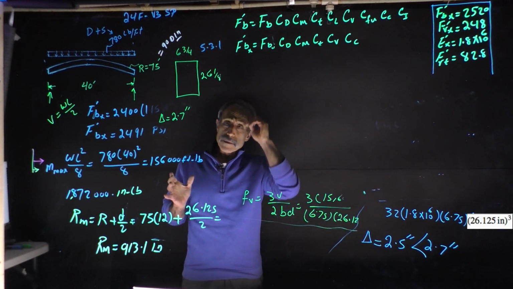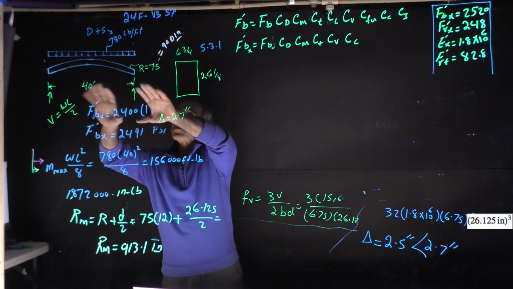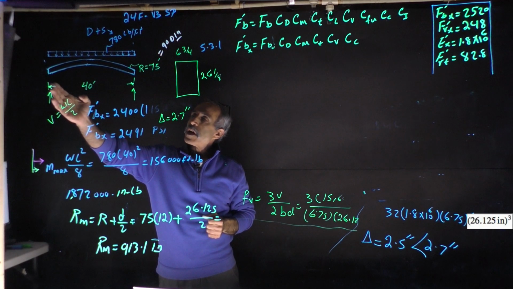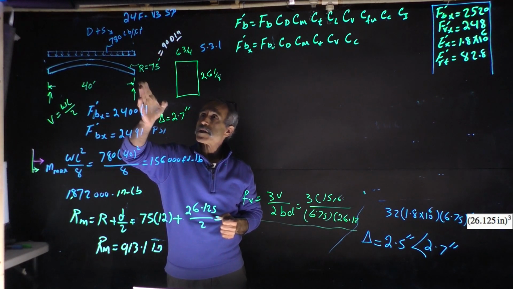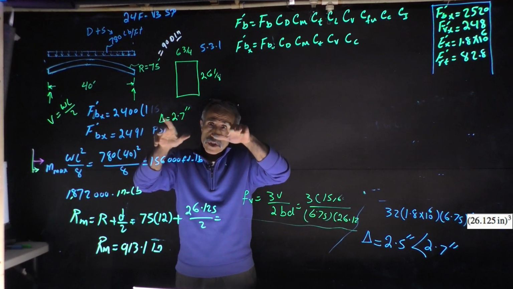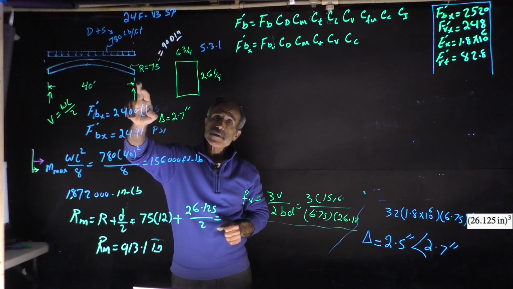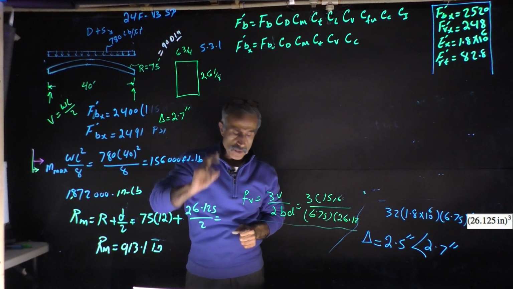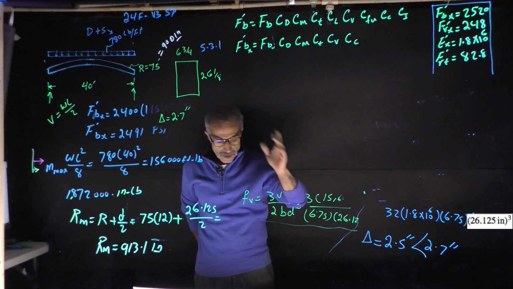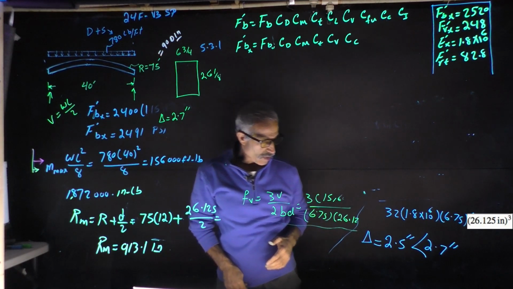Because we have a curved beam, in a curved beam we're going to worry about horizontal displacement. So you have something curved, and you push a weight on it, it kind of pulls out a little bit. So how much is this horizontal displacement going to be? We've got to calculate that. That's important. There are a lot of equations out there, and good luck looking for them.